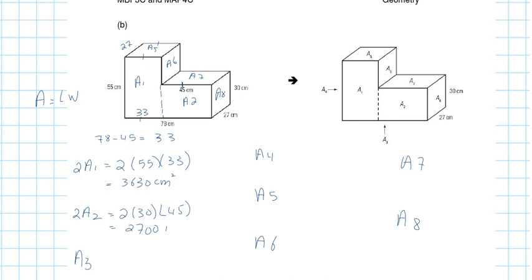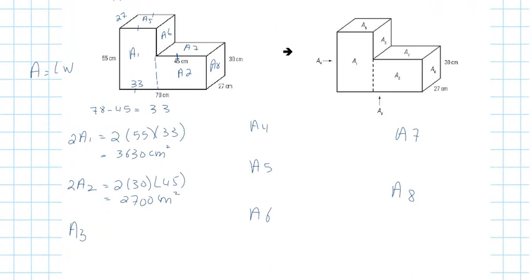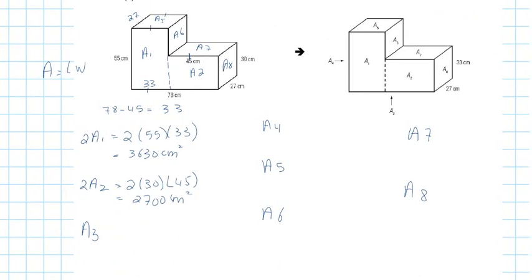All right, and that's centimeters squared. And then for A3, what do I have for A3? So A3 is my bottom, which is 78 by 27, correct? And I only have one of them. And that is going to be 2106.